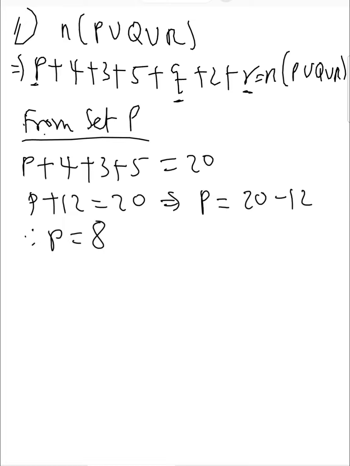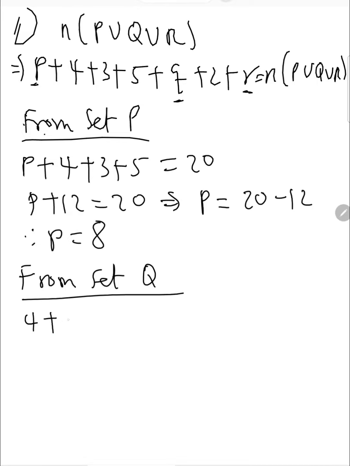Now, use the same trick to find Q. So to find Q, we will look at the set Q. From the set Q, all the elements must sum to 16. So we have 4 plus 3 plus 2 plus Q is equal to 16.